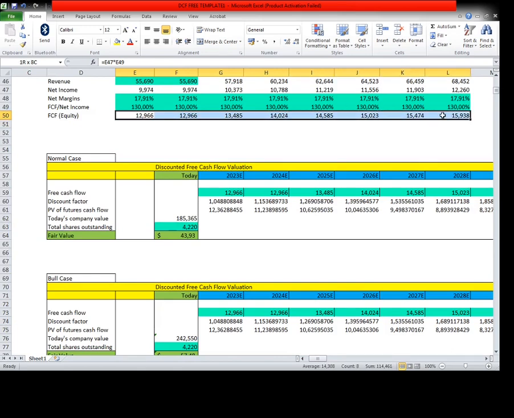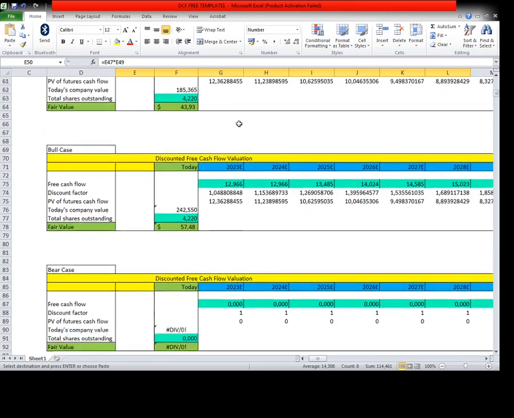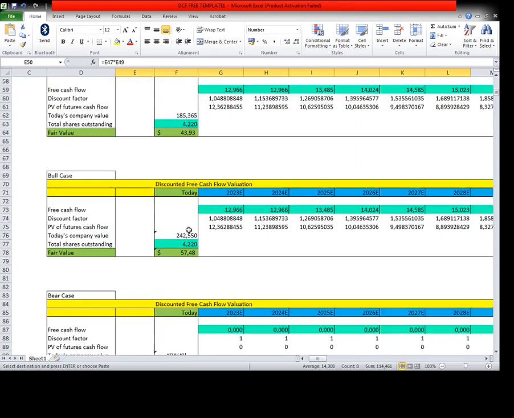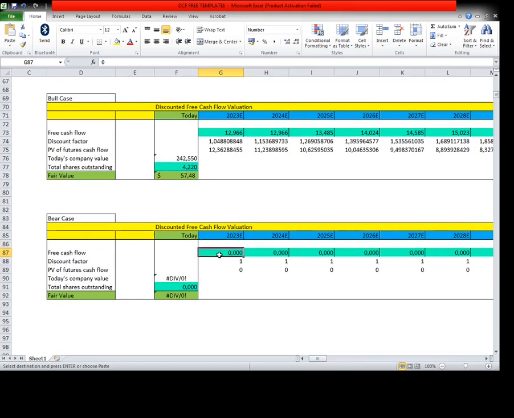So the last case. We copy the free cash flow to equity forecasted in the future, we paste it, and we log in here the number of shares outstanding, 4,220,000,000.